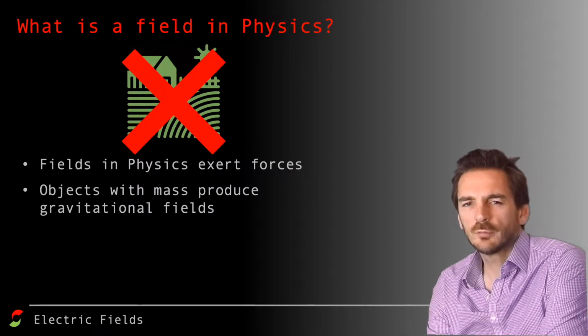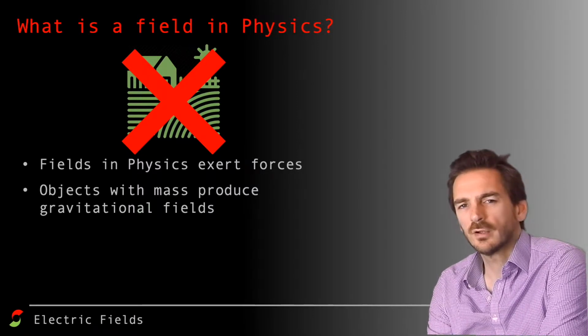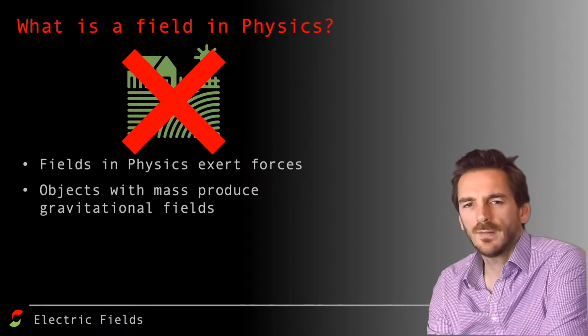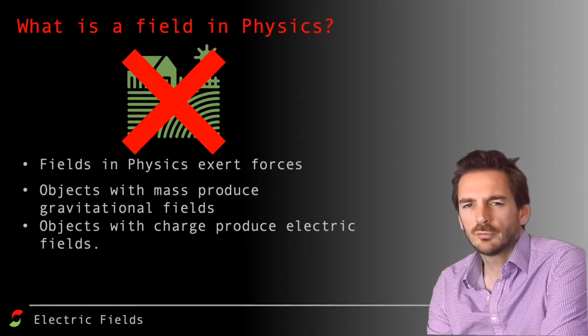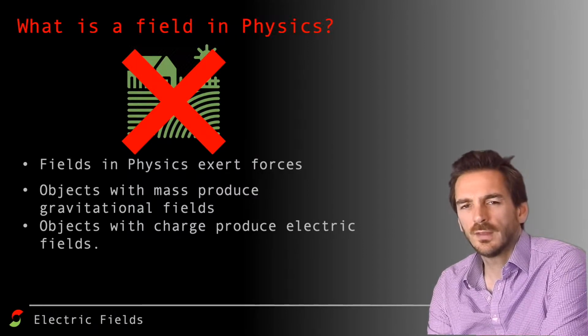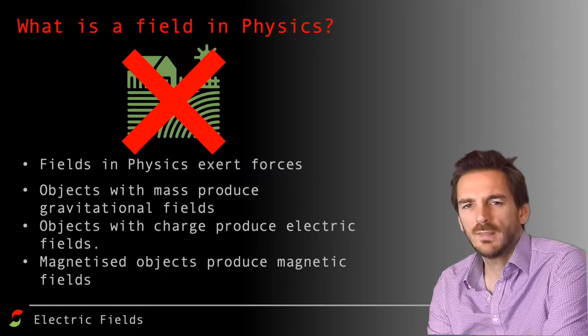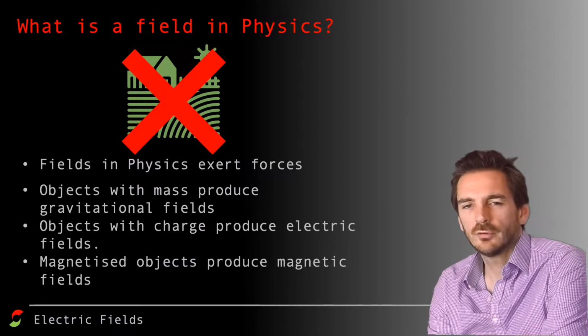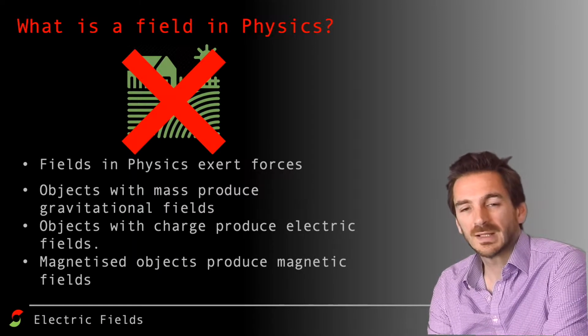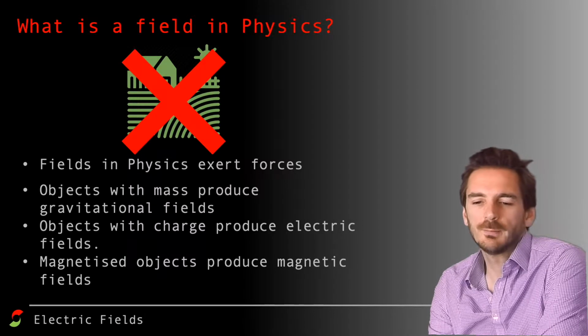If there is an object with a mass, it will exert a gravitational field, and that will then be involved with gravitational forces. Objects with charge produce an electric field, and then that will have electric forces associated with it, and then magnetic objects will produce magnetic fields, and they'll have magnetic forces associated with them.